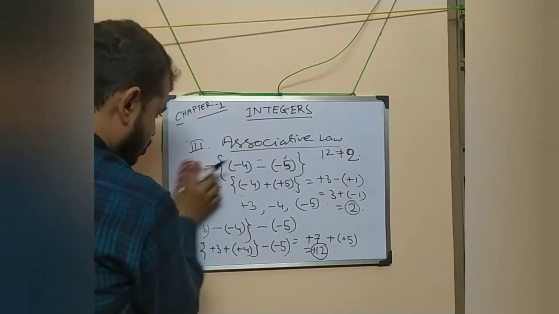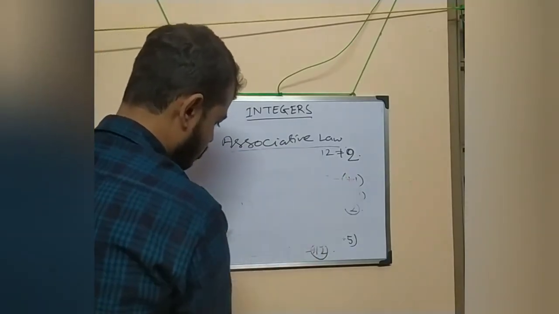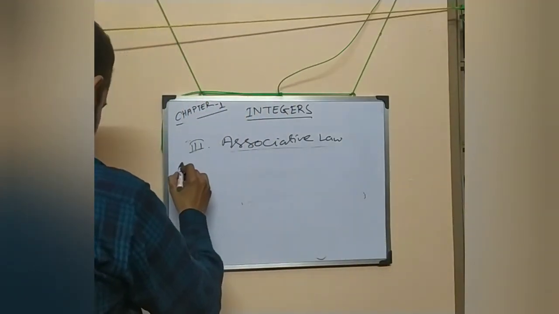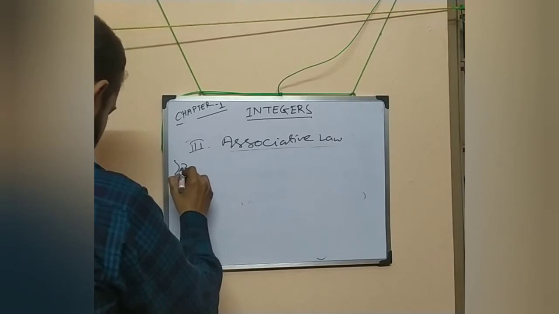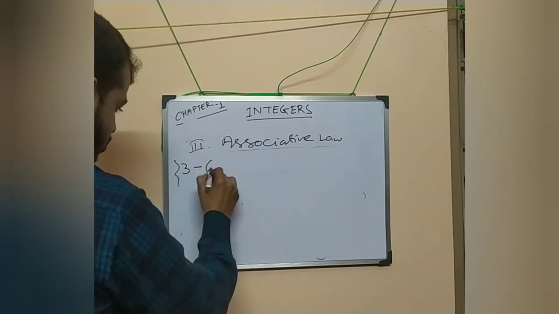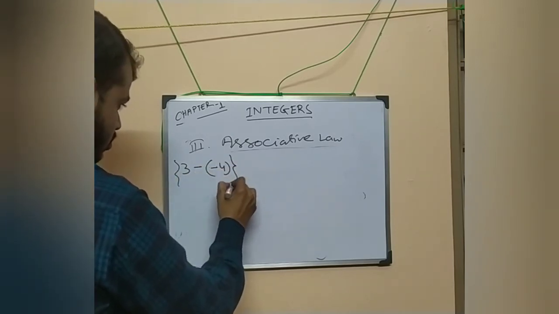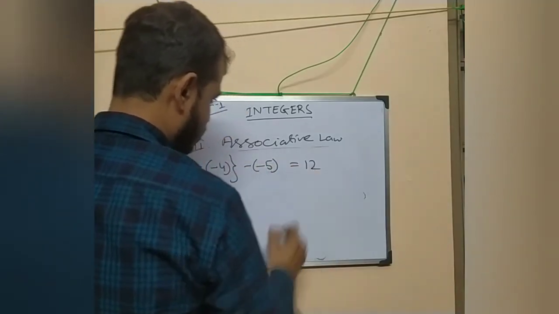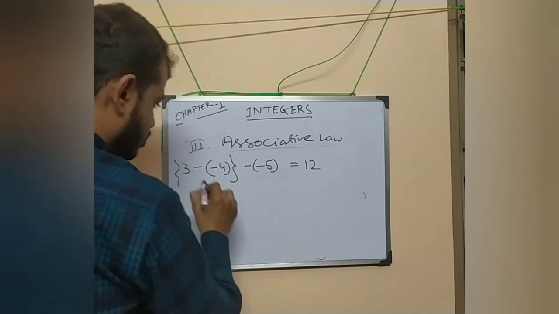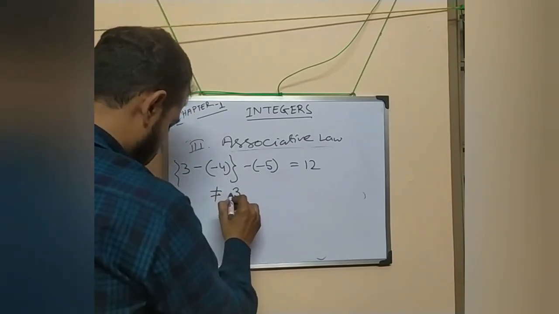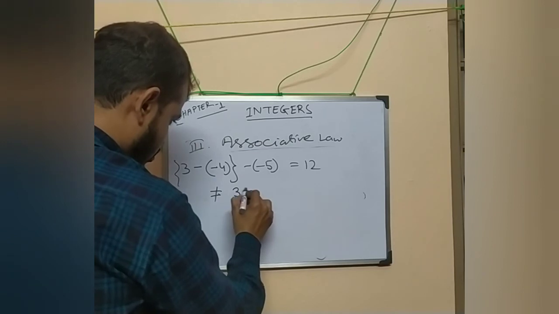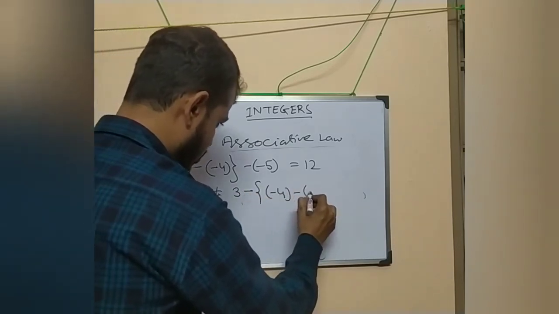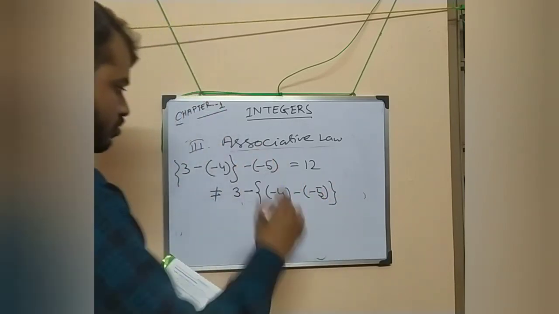So for subtraction we have 3 minus 4 minus of minus 5 equal to 12, and this is not equal to 3 minus of minus 4 minus of minus 5.